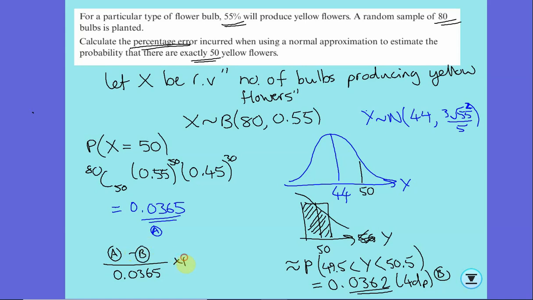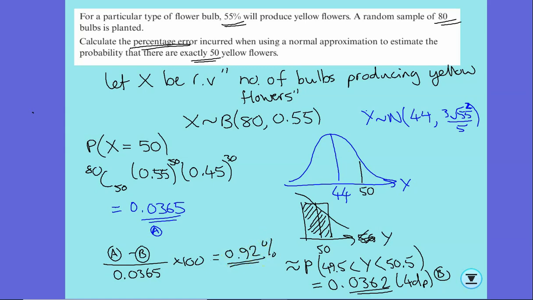And then I'm going to times that by 100 to make it percentage, so I've got to divide that first by 0.0365. And then we times that by 100. And that gives me 0.92. So it's 0.92% out.